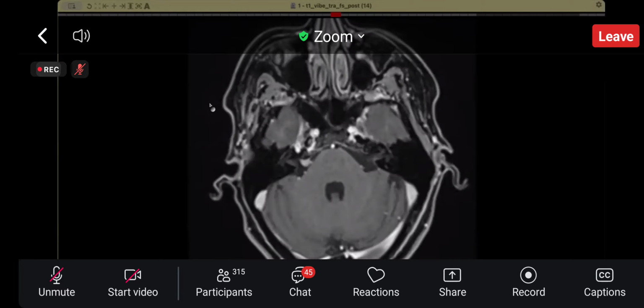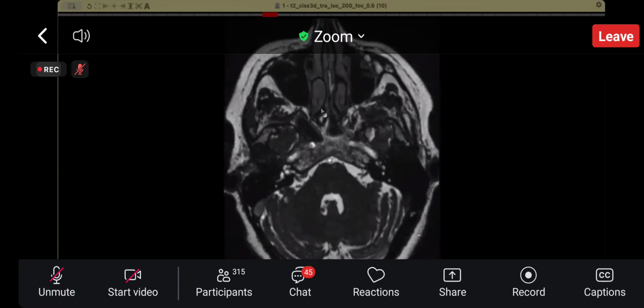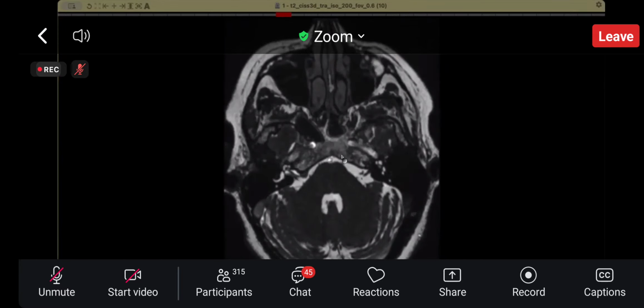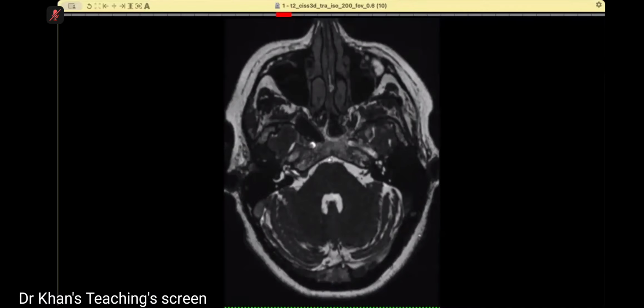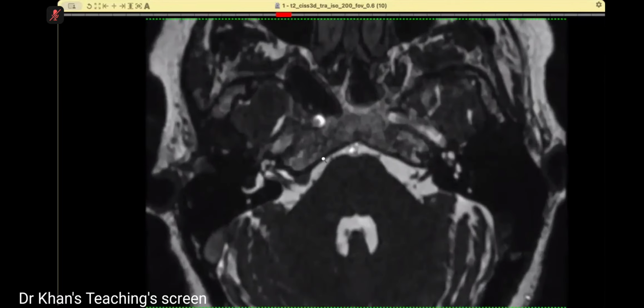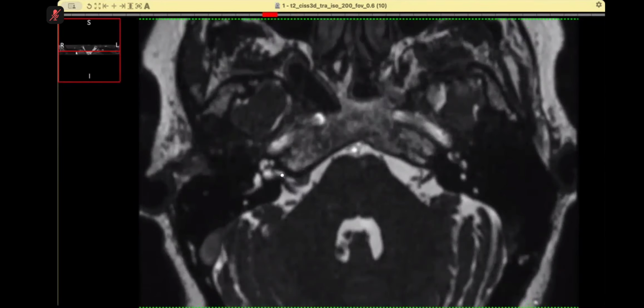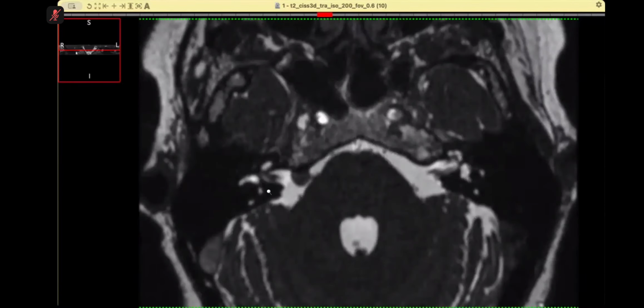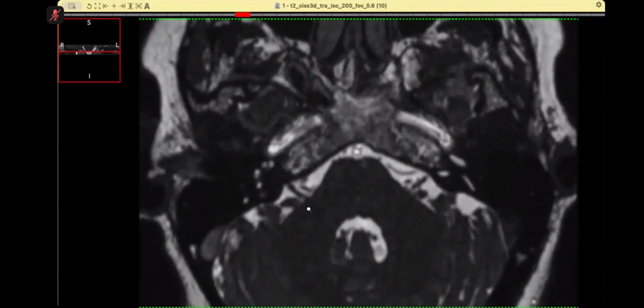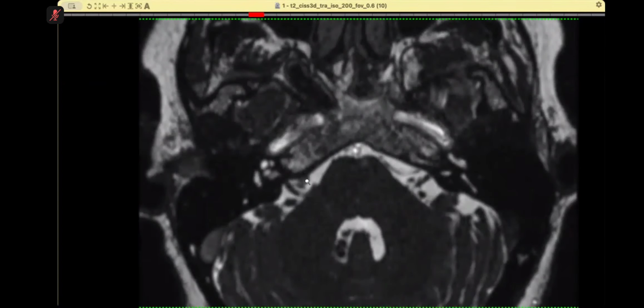And now let's go back to the case. So now here, if you see what is happening, let me make it bigger. So this is the flower, which is the cochlear nerve, and this is the vestibule, and they are coming here. You can see that this is anterior. So this is the facial nerve, and you can see that it is abutting here.